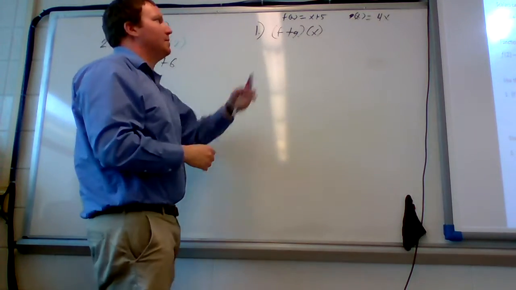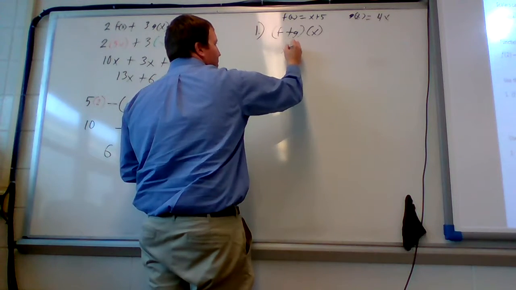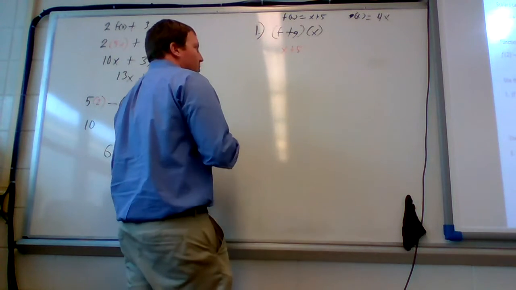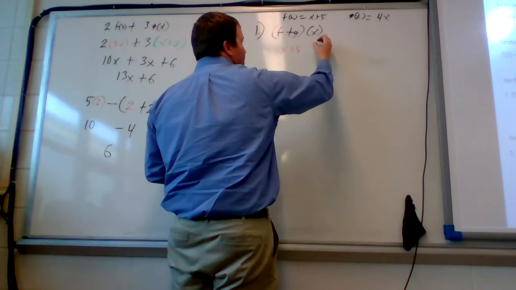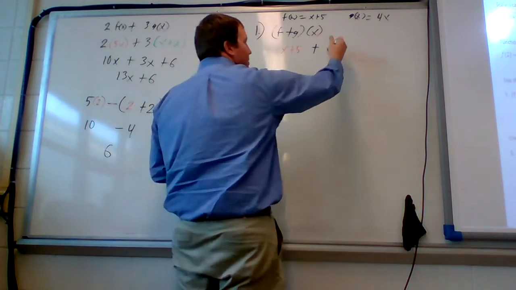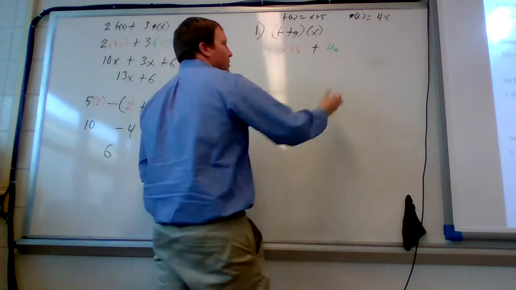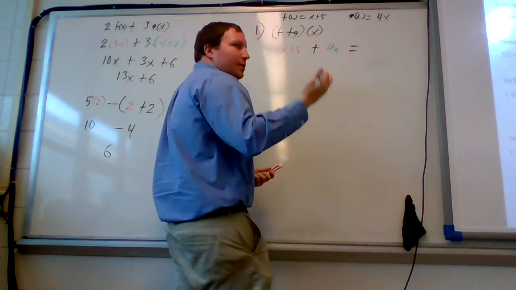So we're taking the function f of x, we'll go ahead and put it in red again, x plus 5, plus g of x, and g of x is 4x. So what do we get? 5x plus 5.